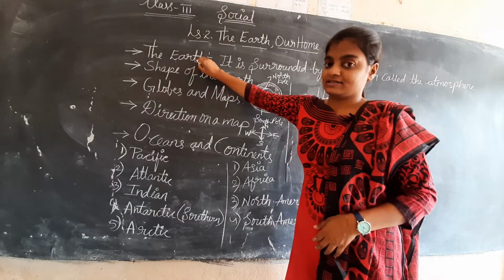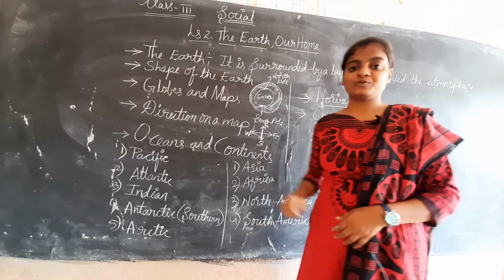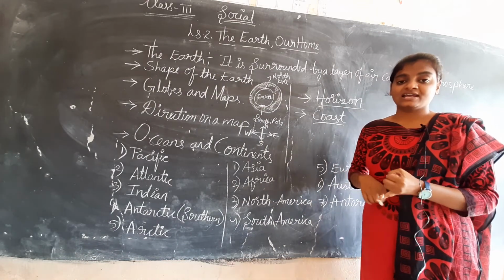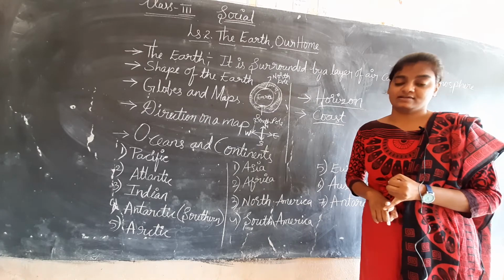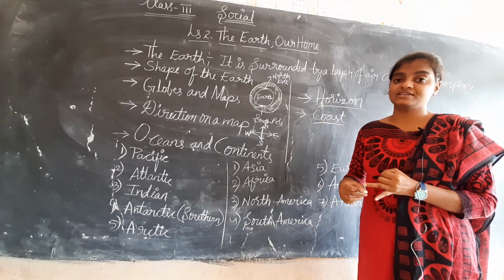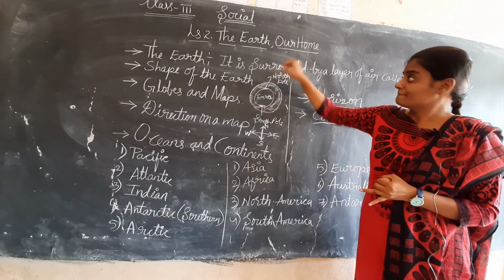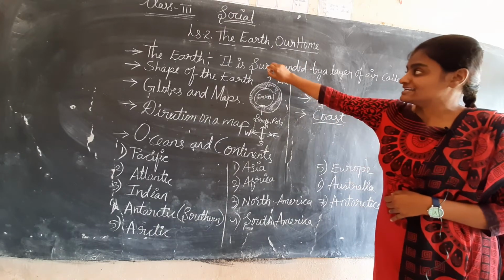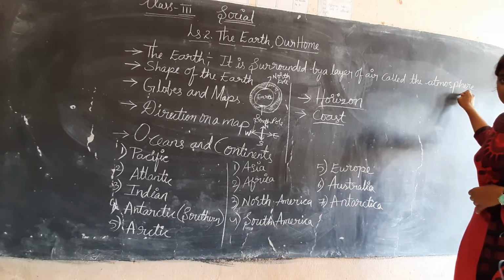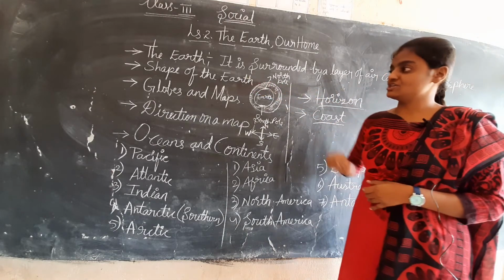The earth is one of the planets. It is surrounded by air and water. It is surrounded by a layer of air called the atmosphere. What is the shape of the earth?